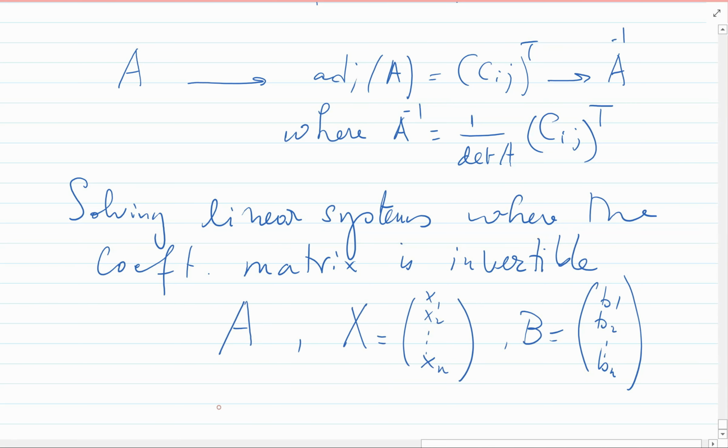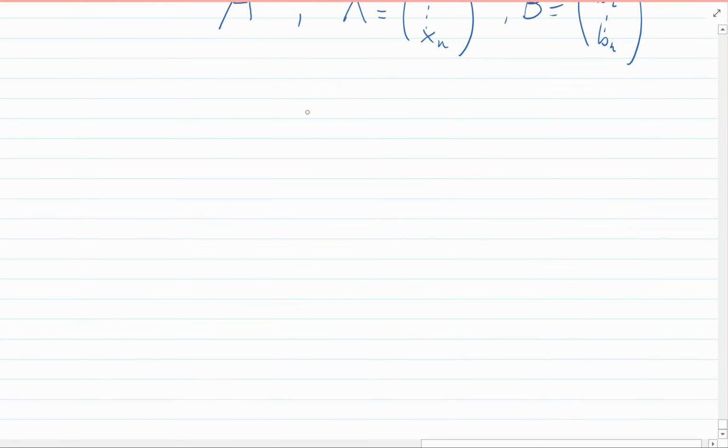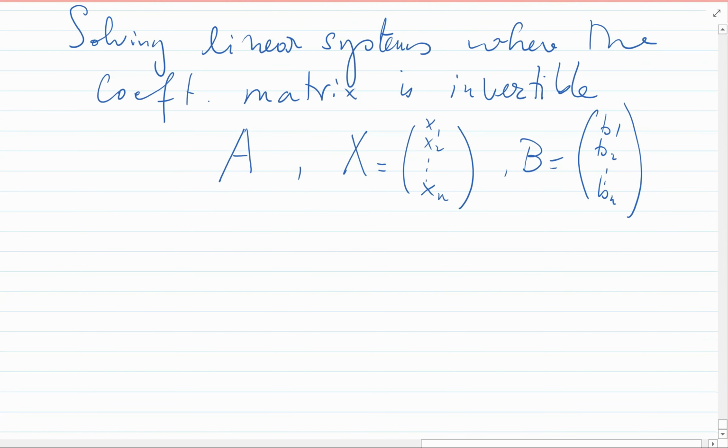So the matrix representation of the system is A times X equals B. What is the solution?